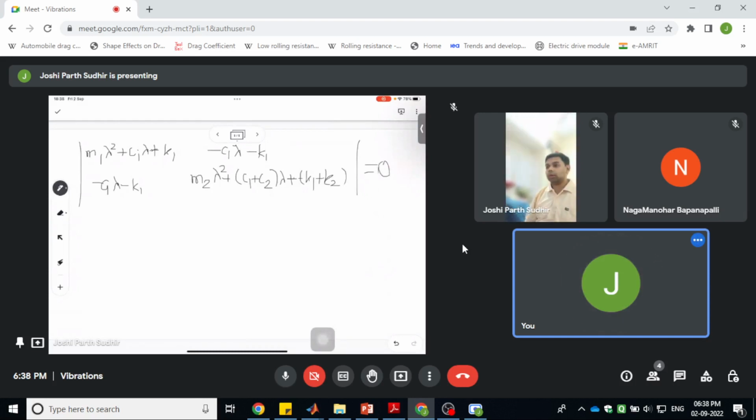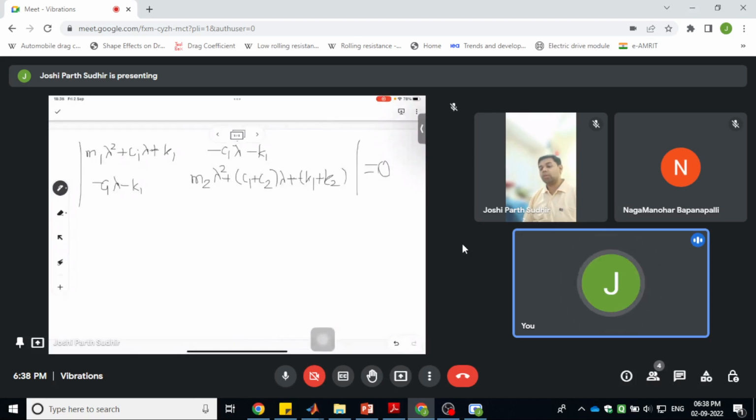To find the natural frequencies, or the eigenvalues of this system, which correspond to the natural frequencies of vibration, we need to find the values of lambda, the roots. So we have to solve for the roots of this characteristic equation.